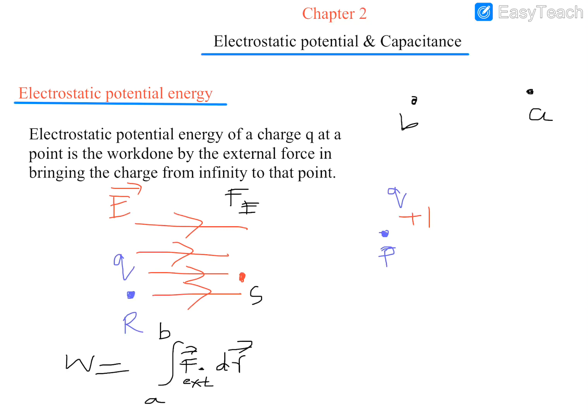So I am moving in an external electric field produced by this Q charge. I am moving this charge towards the other charge, which means I need to do work.